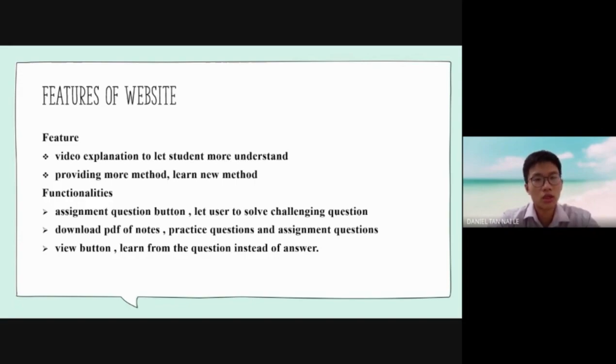So they have the chance to learn new concepts and new methods. And students may also solve similar questions using a different method if they know this other method well.